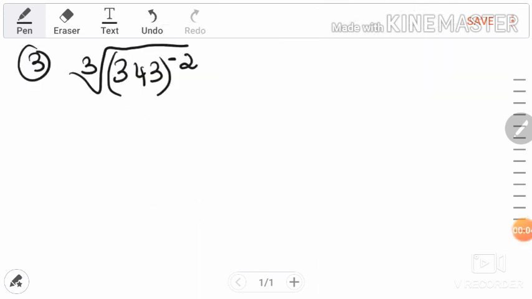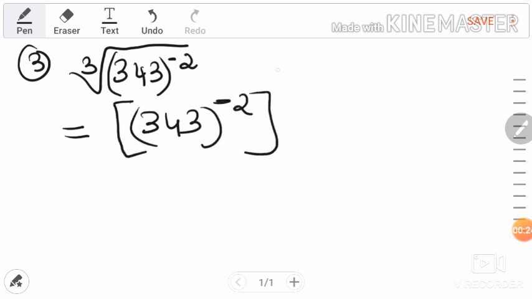Third problem. Find the value of the third root of 343 to the power minus 2. This can be written as (343^(-2)) to the power 1/3. Remember, the nth root can be written as a power as 1 upon n.